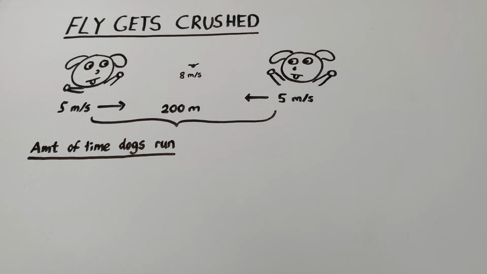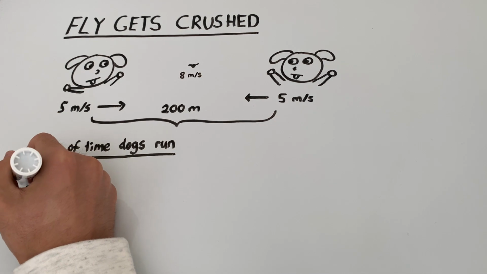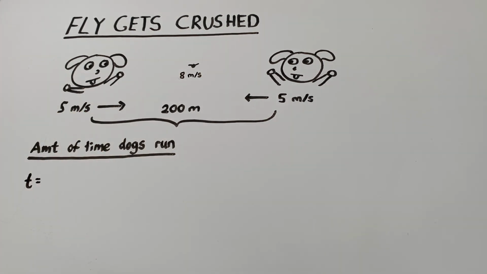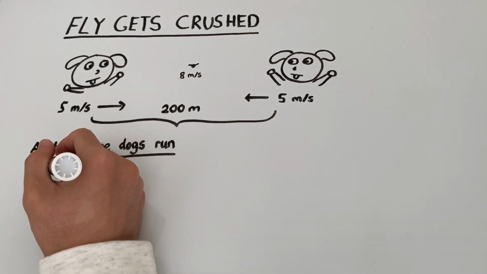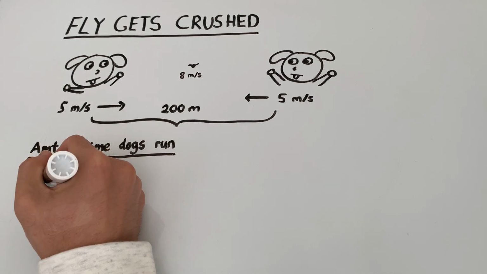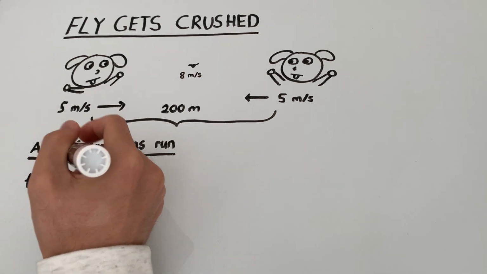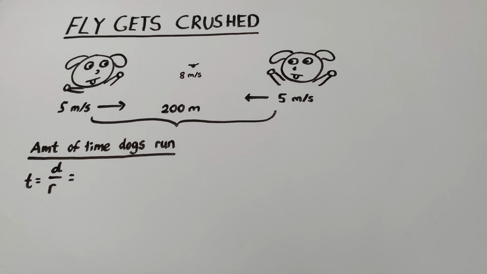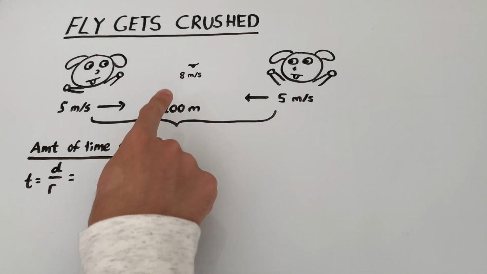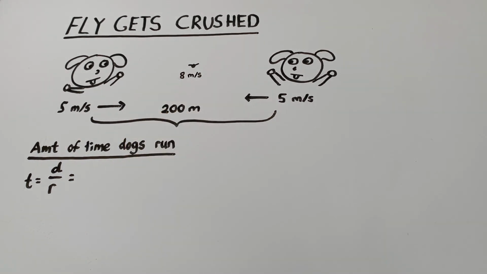Now remember that time is equal to the distance divided by the rate. So the distance that the dogs need to cover is 200 meters.